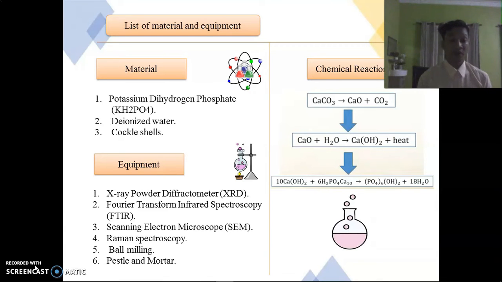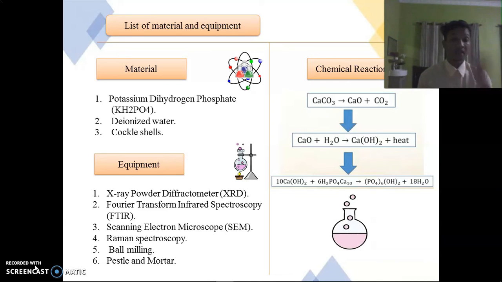And the cockle shell we have to collect and purchase. For the equipment, we only have to go through the FKP lab, like X-ray powder diffractometer (XRD), FTIR, SEM, Raman spectroscopy, and ball milling process, also in the FKP, pestle and mortar.